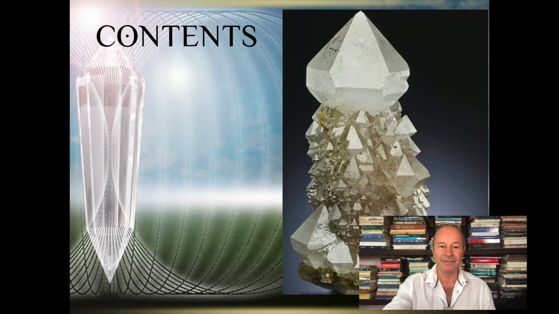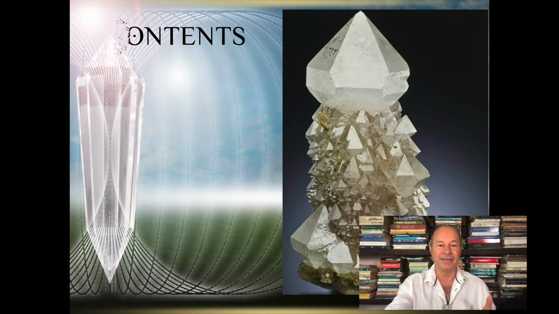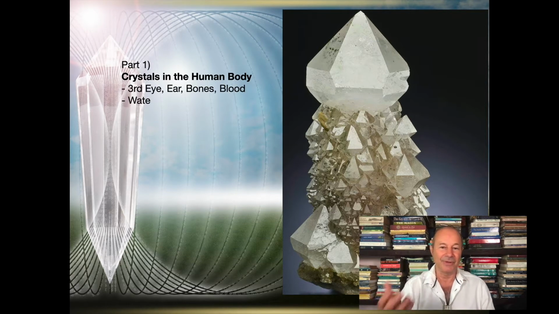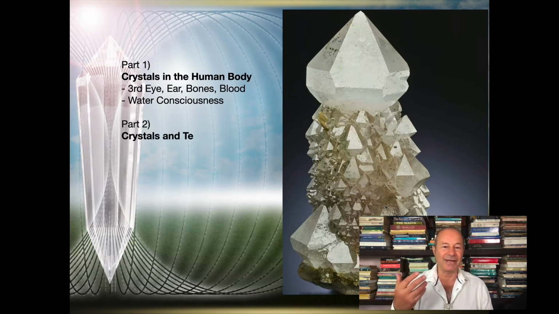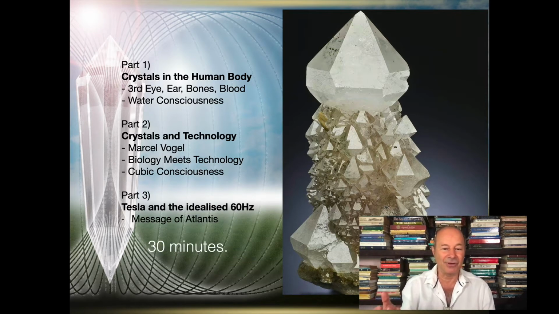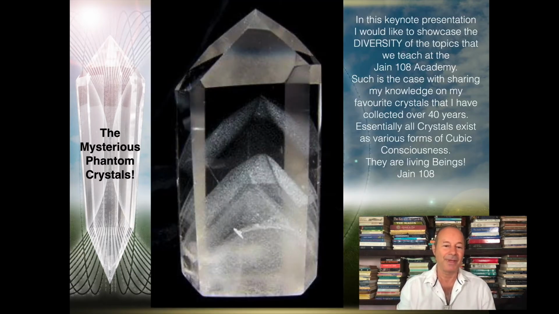Part 1 is talking about the sacred geometry of crystals in the human body, which is a fascinating aspect of crystals because that's how we come to understand that crystals are even in our third eye, our ears, bones, blood, and even has to do with the water consciousness. And part 2, we have crystals as taught to us by Marcel Vogel, how biology meets technology and how it's embedded in the cube. And part 3 is the biology technology.